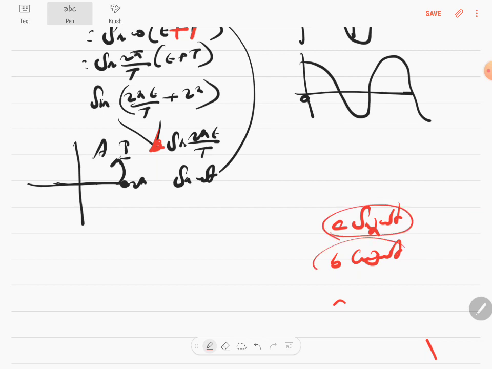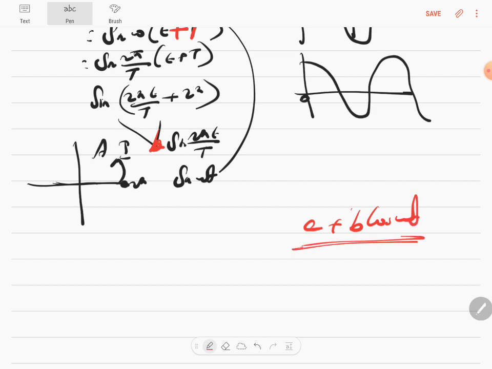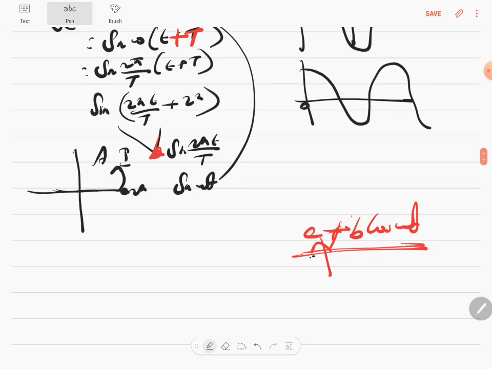It should be represented as one single sine or cos function. But when you have, for example, a plus b cos omega t, this will be periodic. A constant is added, it will make it periodic, but it will not be simple harmonic. I hope you're clear with that. So that is the conclusion by Fourier.